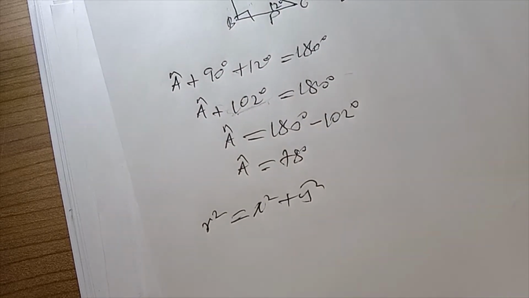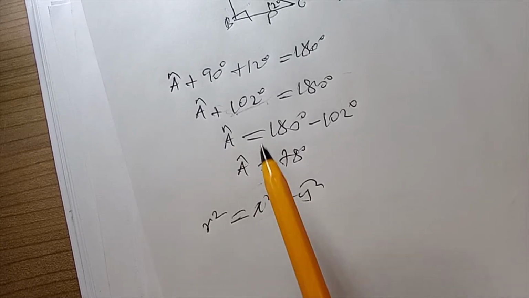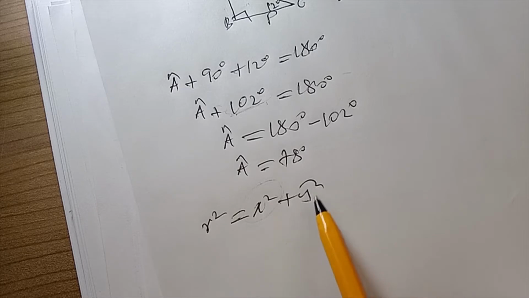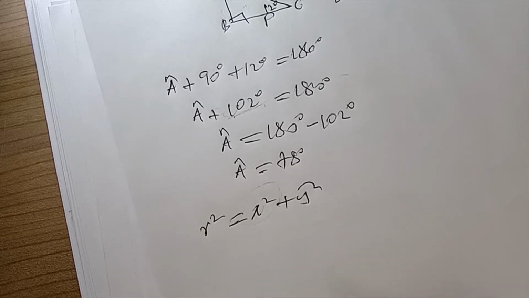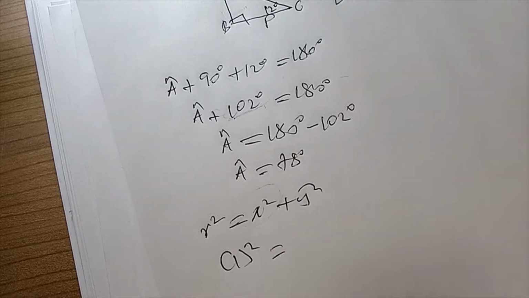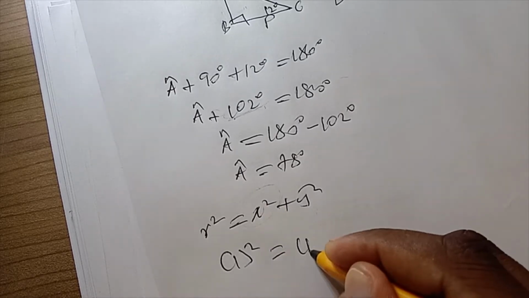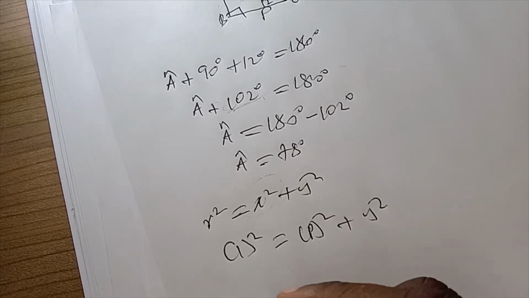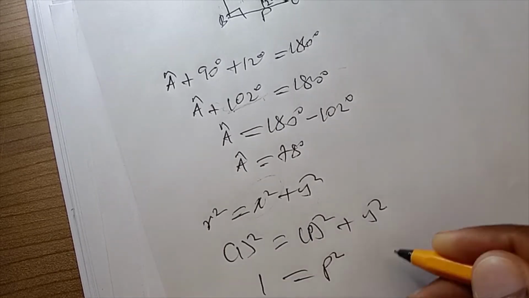The r squared there stands for the hypotenuse. This one is the side which is parallel to the x-axis, and this one is the side which is parallel to the y-axis, okay? In this case, our hypotenuse is 1, the x should be the p, then we are looking for the y, okay?